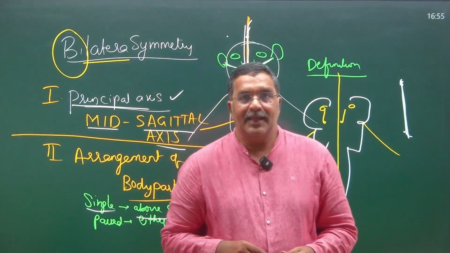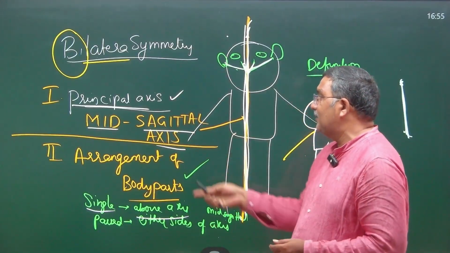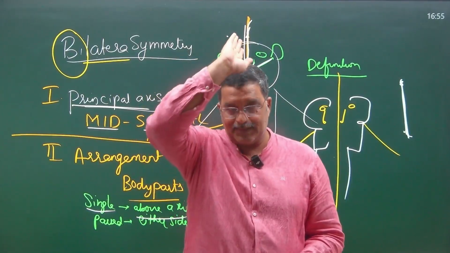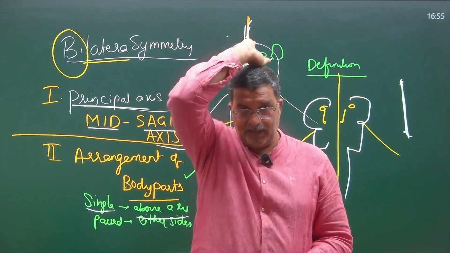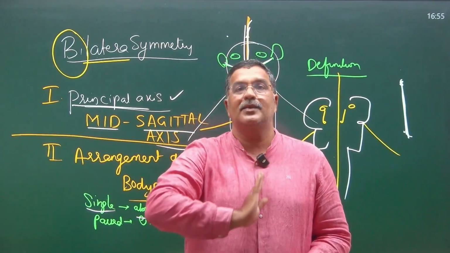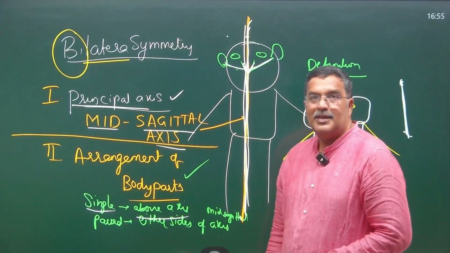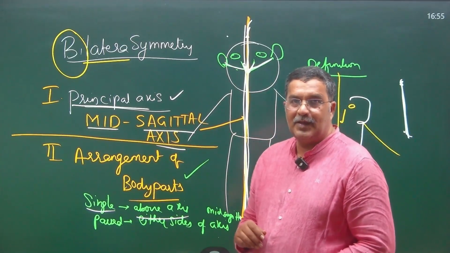symmetry. Bilateral symmetry. Let me say once again, in bilateral symmetry, the principal axis is the mid sagittal axis. From the anterior to the posterior, covering dorso-ventrally, a line is drawn, and we named the line the mid sagittal axis. Next, we need to see the arrangement of body parts.